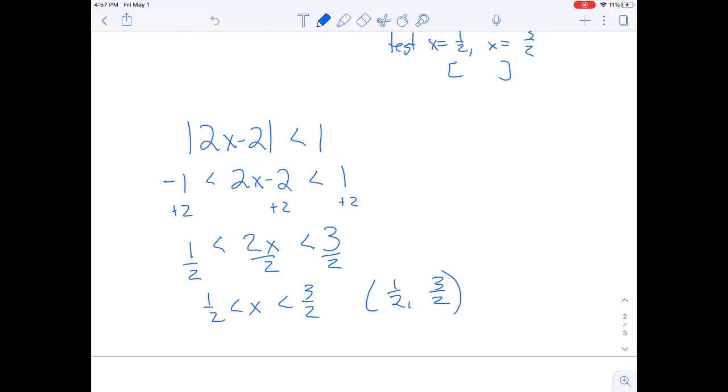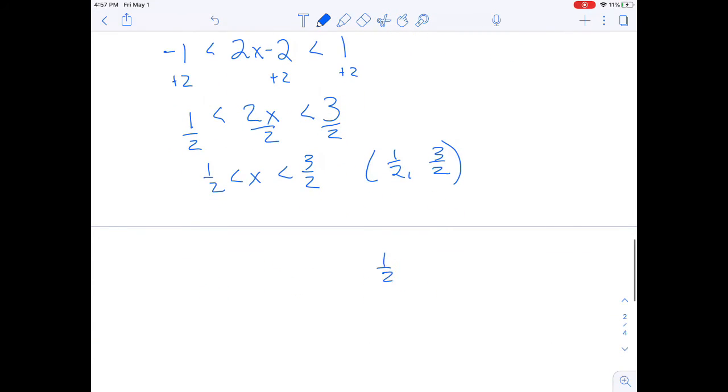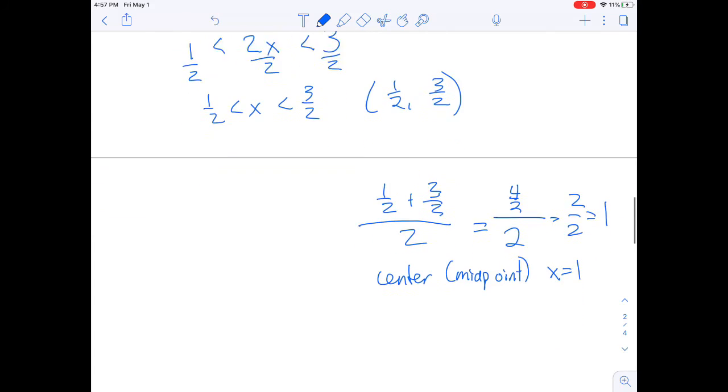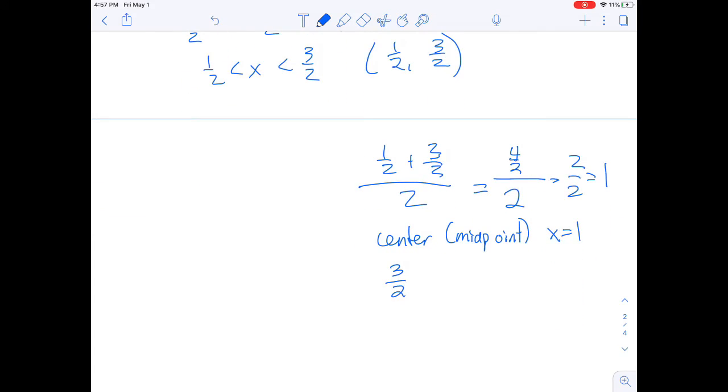And I can either by inspection see what the midpoint of this interval is, or I could actually calculate it. I could add the 2 points together and divide by 2. That tells me the center, right? The center, which is the midpoint. And then I can take, for example, 3/2 minus 1 gives me 1/2, so my radius of convergence is 1/2.